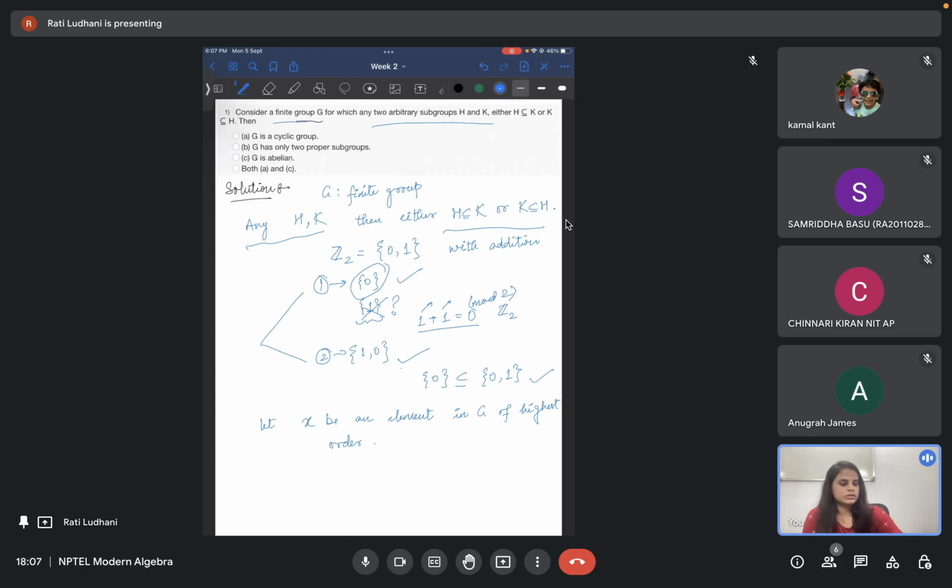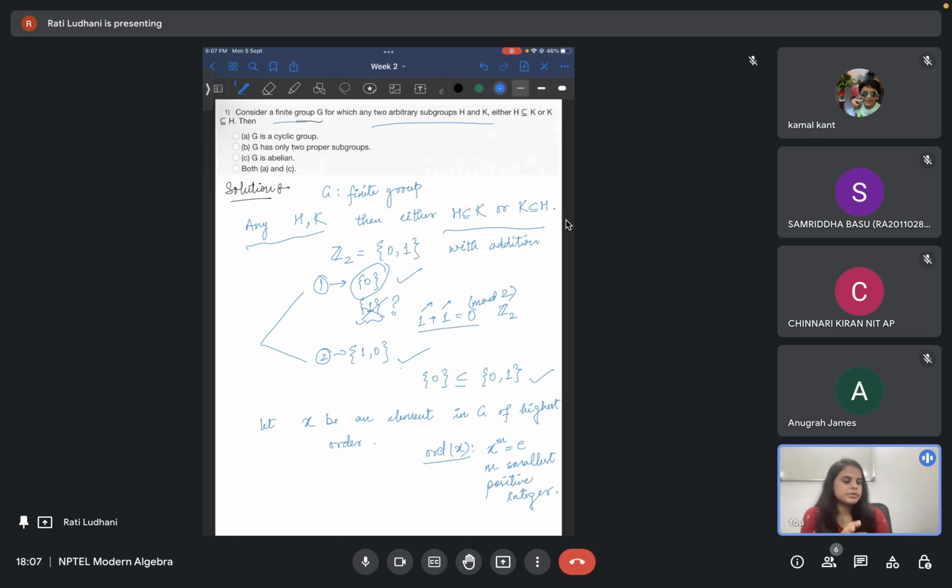The order of X: if X power m is equal to e, where m is the smallest positive integer. We cannot take 0, so it's a positive integer. Okay, so this is the order.